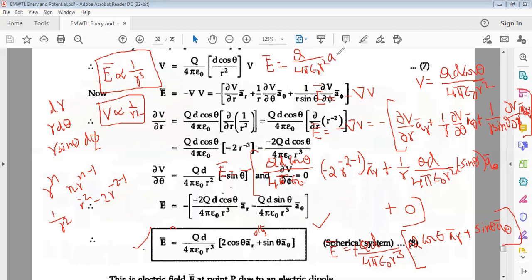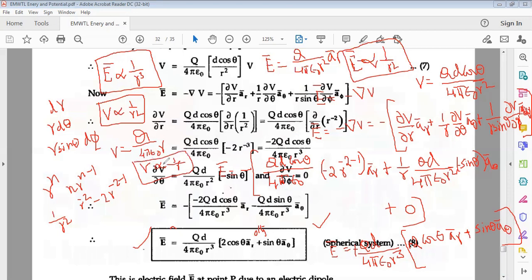So E bar is proportional to 1 by r square, and D bar also. And the potential in the point charge is V equal to Q by 4 pi epsilon naught r. So V is proportional to 1 by r.